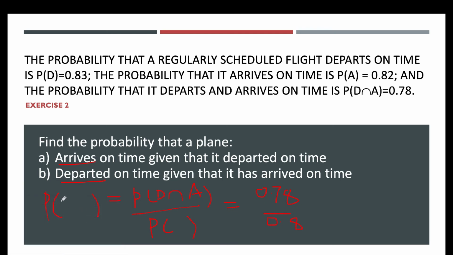Okay, this is D intersect A, and this one should be D, sorry, A. So the P(A) is 0.82. So don't get confused. That's all for this week. During the class, we're going to wrap everything up and discuss together.